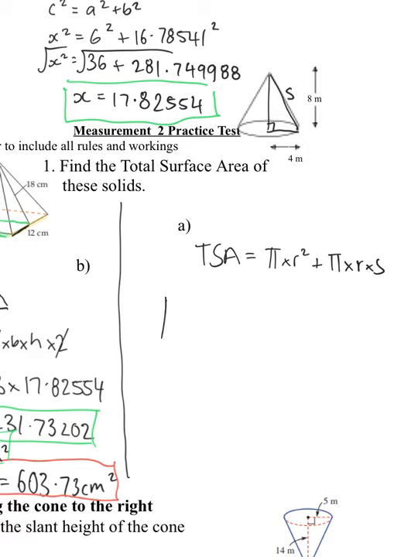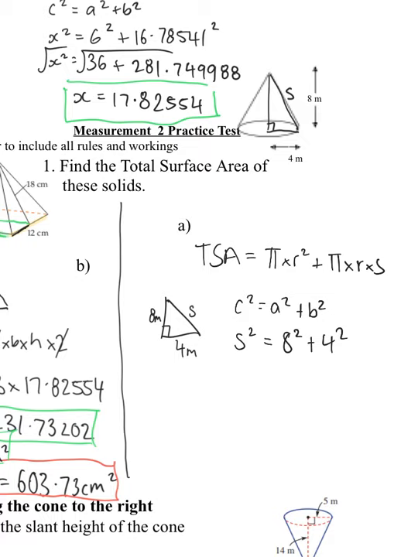Okay, so I'll just draw my own triangle. That length to the middle of the cone is 4 meters. We've got a height of 8 meters. And we're trying to find the slant height. So if you use Pythagoras' theorem, s squared equals 8 squared plus 4 squared.